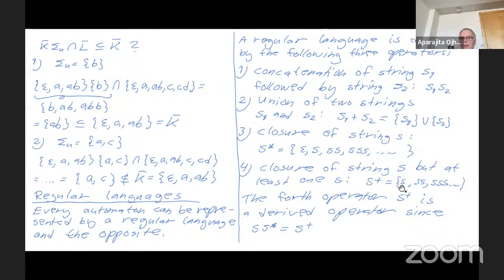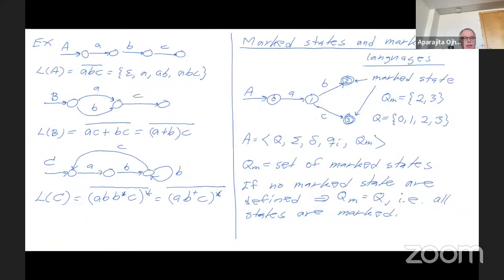So S plus at least must include the string S, and SS, etc. So the 4th operator is a derived operator. Okay, so this was a lot of small stuff, but now we come to some interesting applications here.